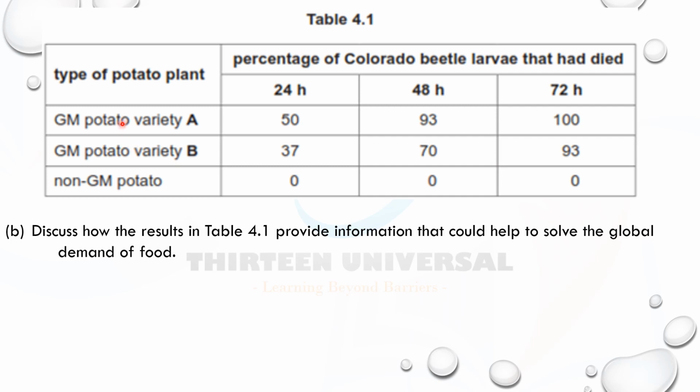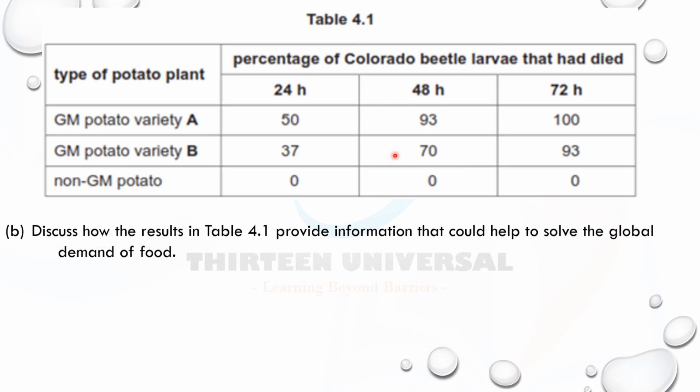Now, can you see that both of them, the percentage of Colorado beetle larva that had died, both A and B kill the larva. This is the percentage of Colorado beetle larva that had died after 24 hours, to compare the 2 of them. But you see both of them, generally, this is the general trend, they kill the larva.